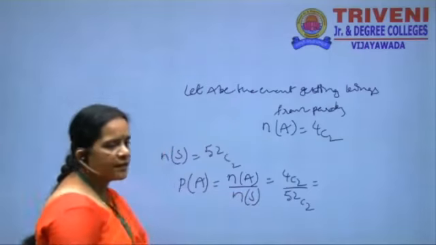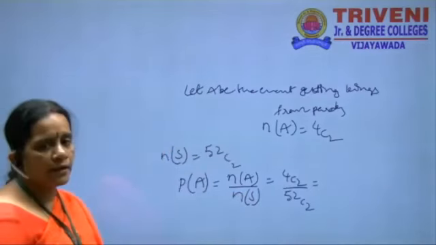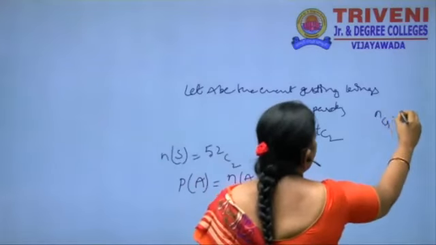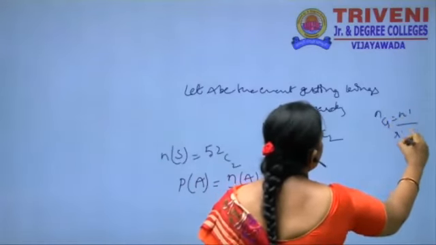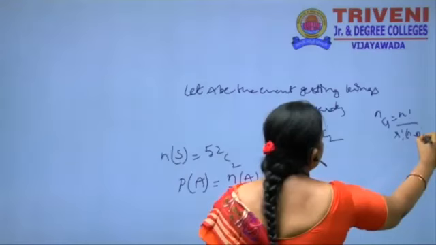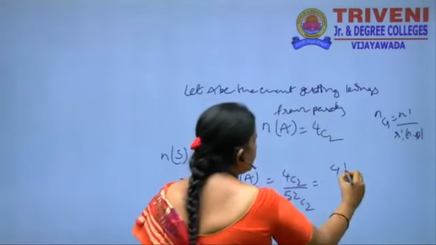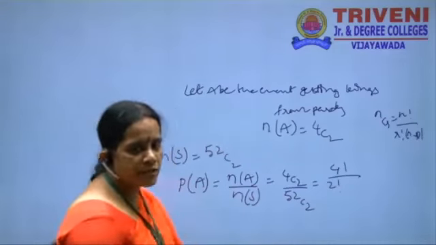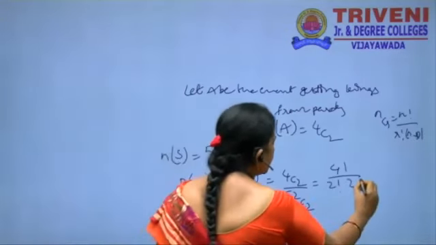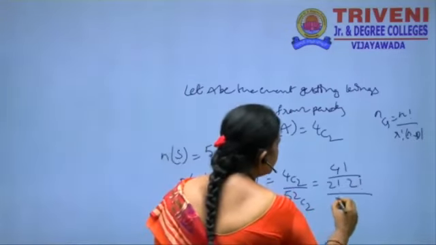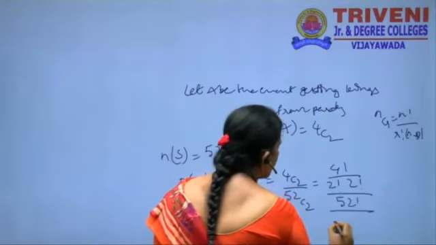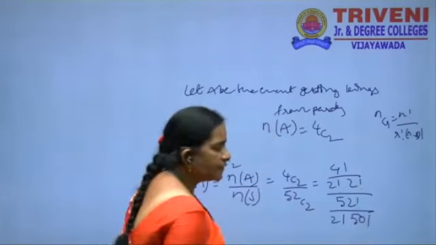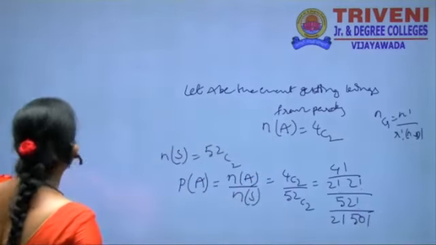4C2 is nothing but nCr. nCr means n factorial by r factorial into n minus r factorial. That is 4 factorial by 2 factorial into (4 minus 2) which is 2 factorial, by 52C2. Here 52C2 is 52 factorial by 2 factorial into (50 minus 2) which is 50 factorial.